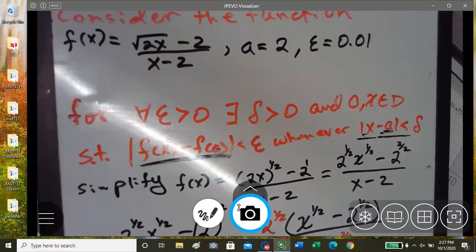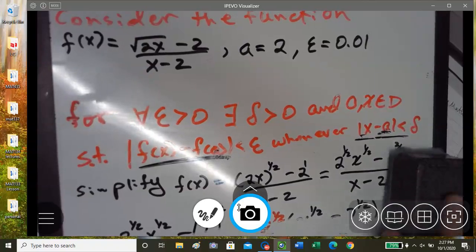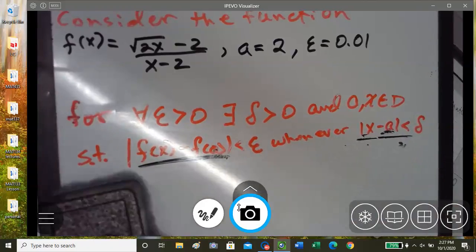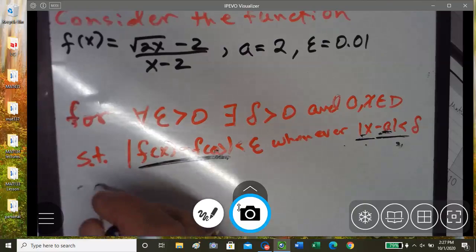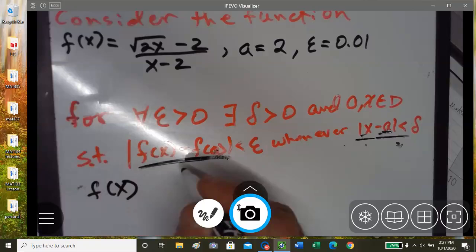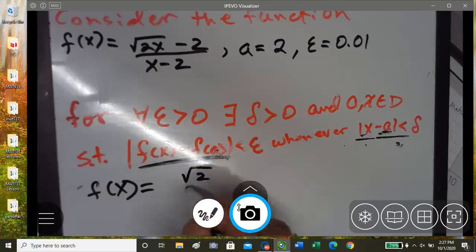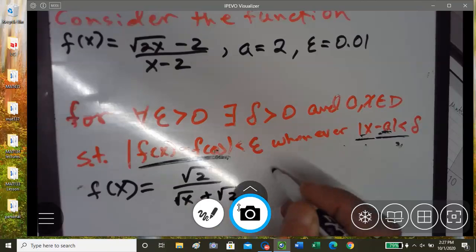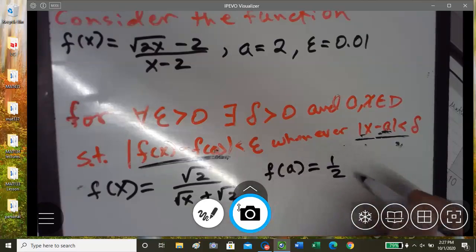So we're going to erase this. And we can say that we know that f of x simplifies to the square root of 2 over the square root of x plus the square root of 2, and f of a equals 1/2.